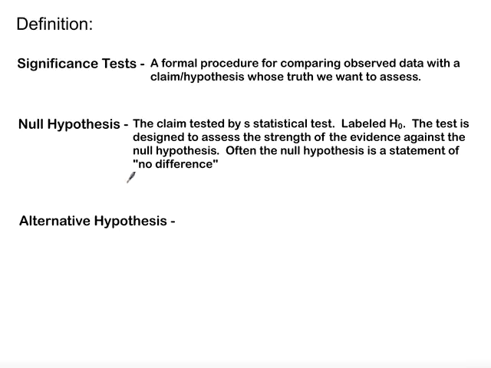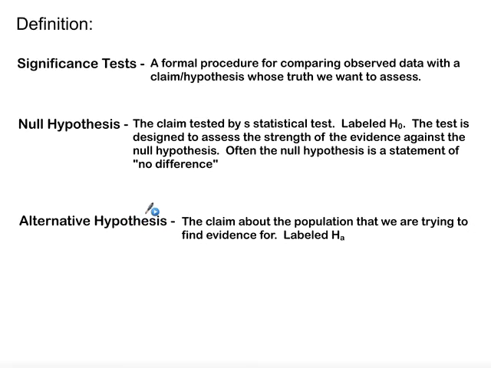So this basically means that nothing changes whenever we do whatever it is we're doing in our test. The alternative hypothesis is kind of the opposite of the null hypothesis, so the claim about the population we are trying to find evidence for, so saying that there is some sort of difference based on what we did to our situation, and we label that H sub A or HA.